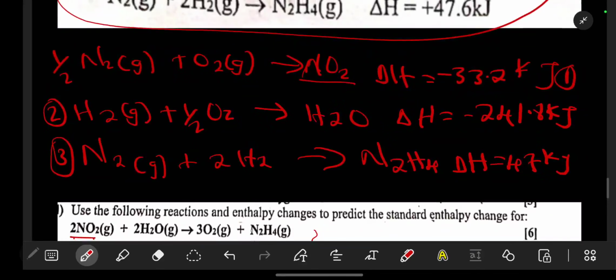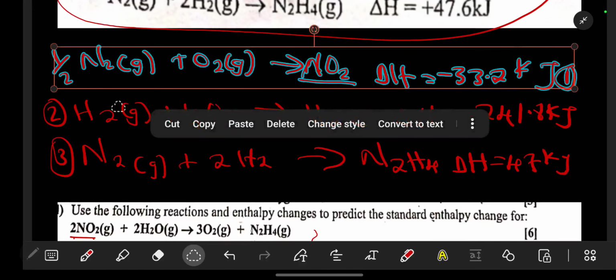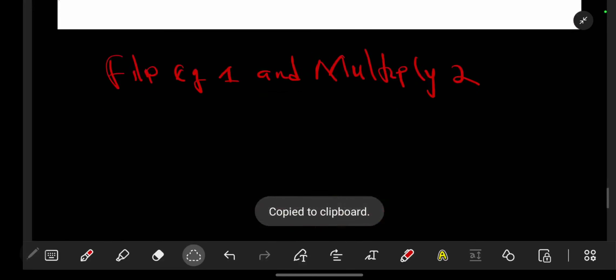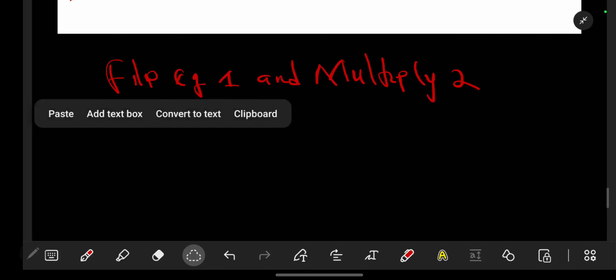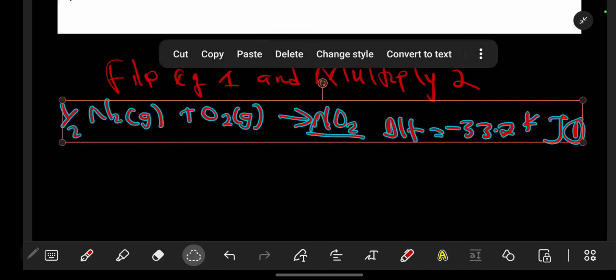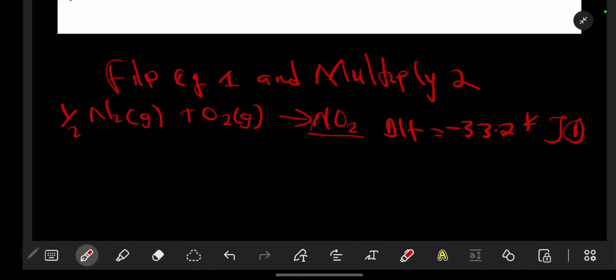So getting this equation, we multiply by 2. So multiplying by 2, we have the 2 like that.